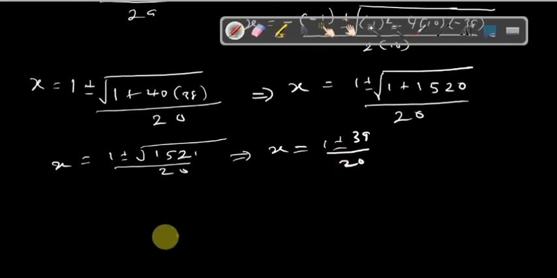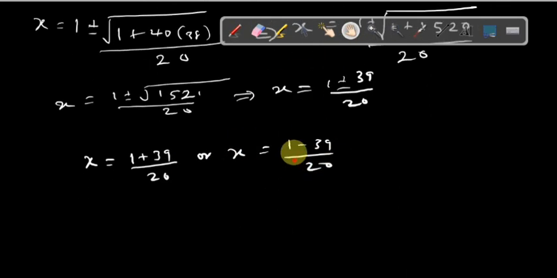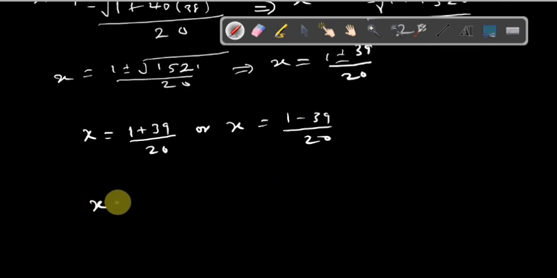So from here, x is equal to 1 plus 39 divided by 20, or x is equal to 1 minus 39 divided by 20. So x is equal to 1 plus 39, that is 40, divided by 20, or x is equal to 1 minus 39, that's minus 38, divided by 20.